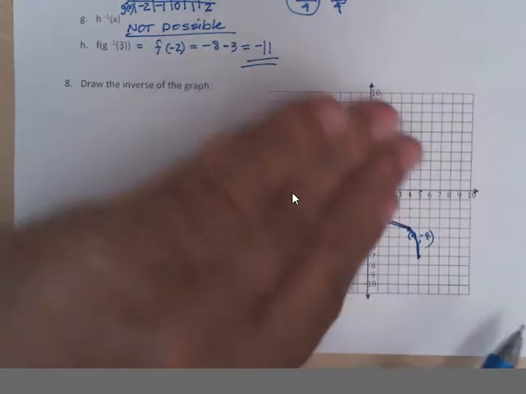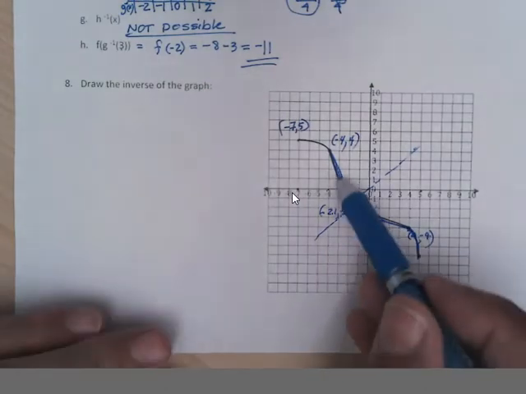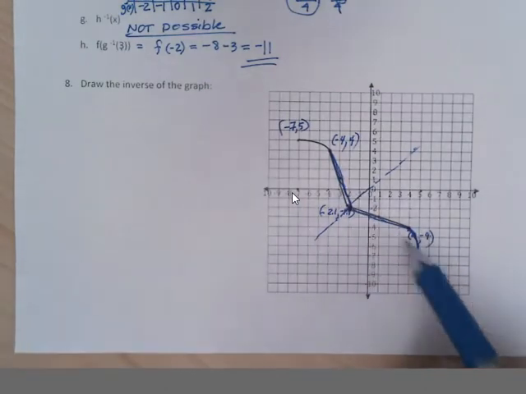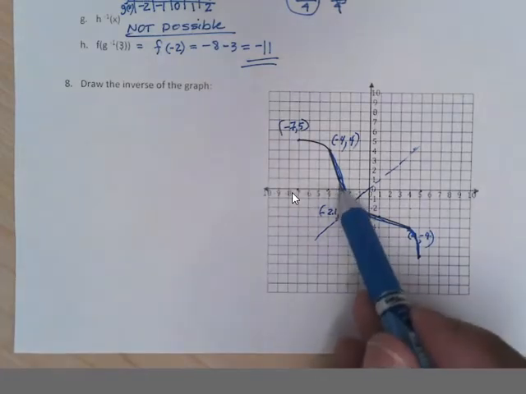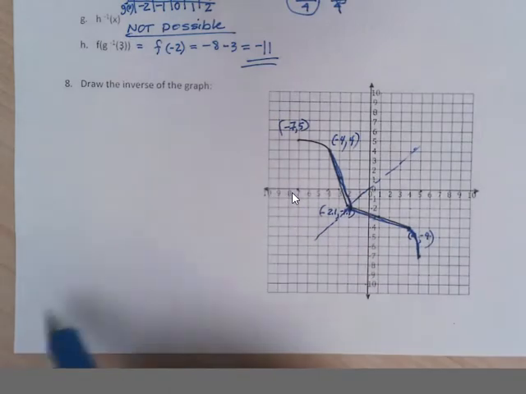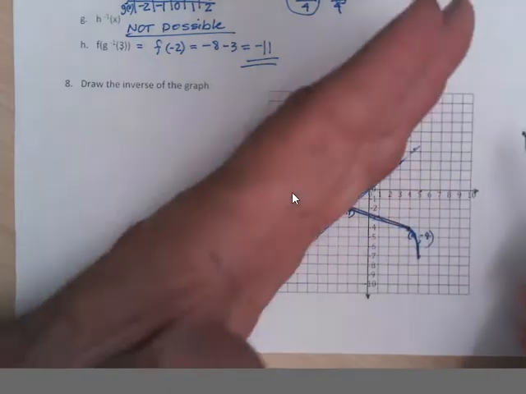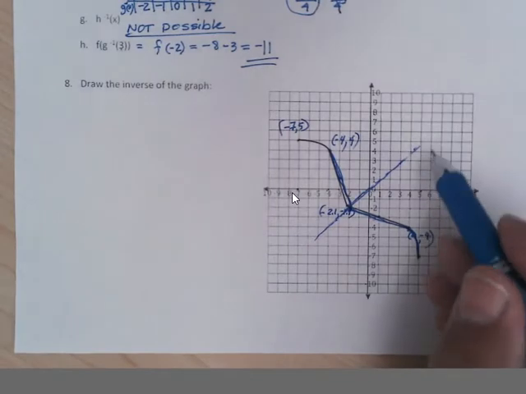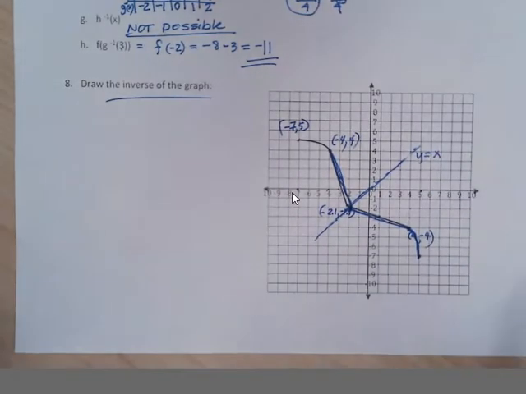Whatever was here gets put over here, and whatever's here gets put over there. And since this was so close to the same in here, they almost land on top of each other. But that's what you want to do. You want to find points on the original, switch them, and graph those. And it should look like a reflection, like a mirror image over that y = x line. Okay? And that's it.